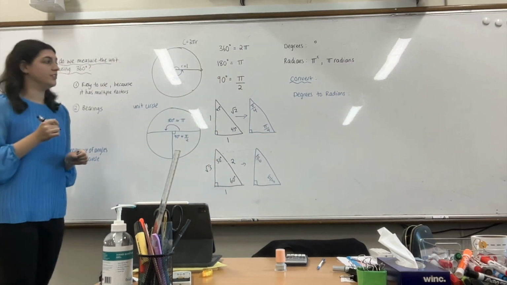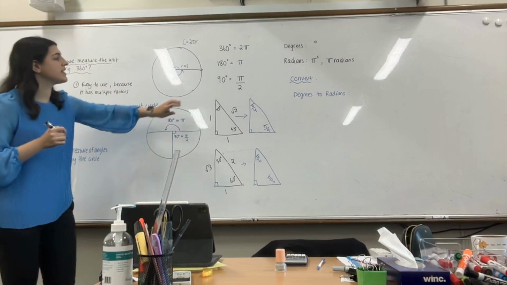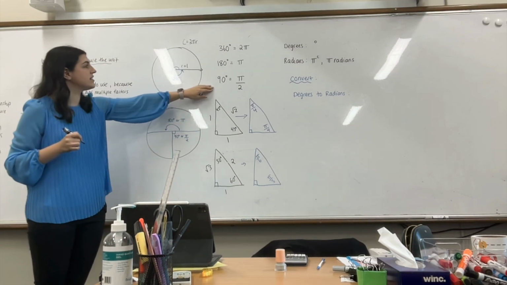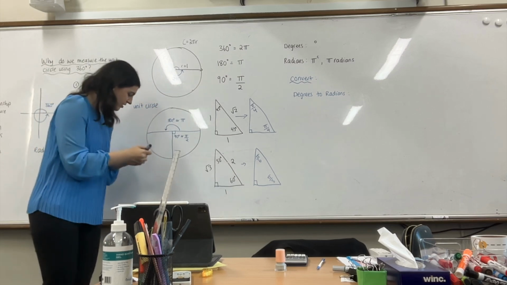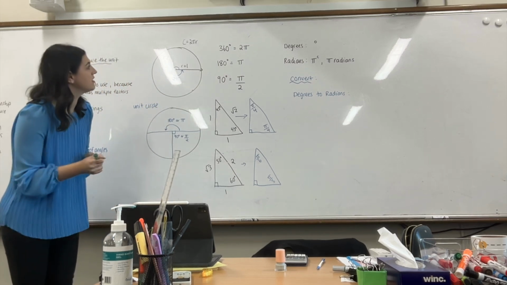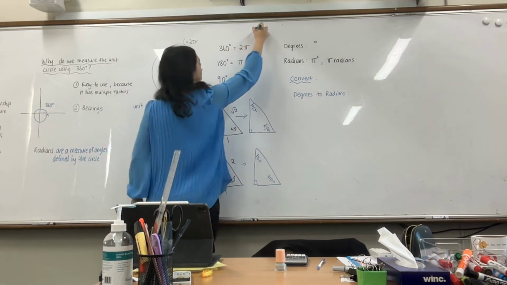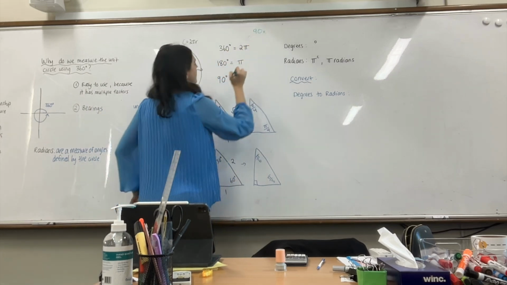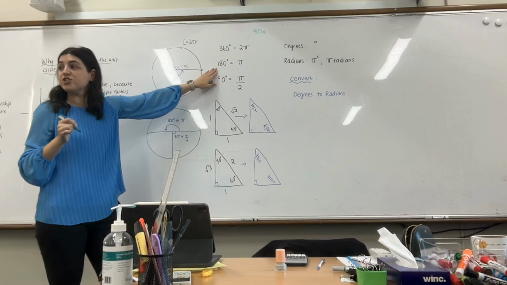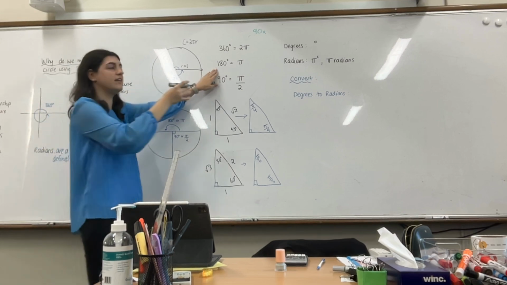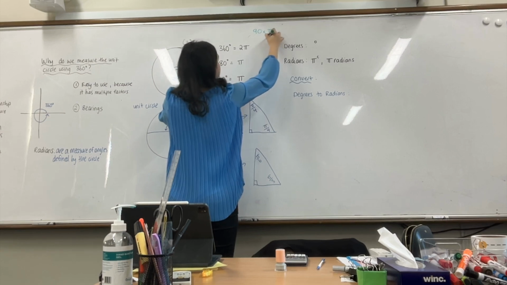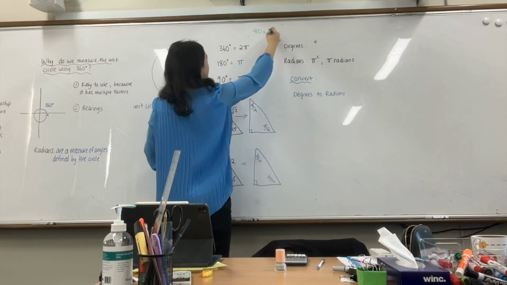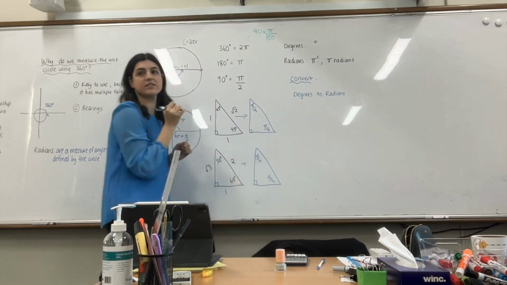What you need to do is notice that, for example, if I had 90 degrees and I want to convert it to radians, I'll just do it on the side so you can see. Can you see here that I was working with everything in terms of pi? I need to get pi in there for the radians. And then I recognized that 90 goes into 180 twice.